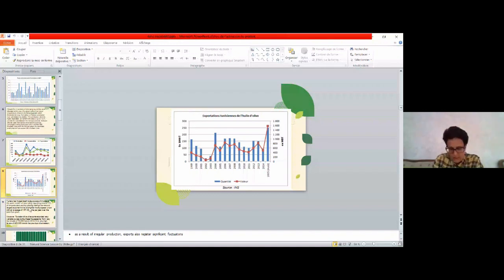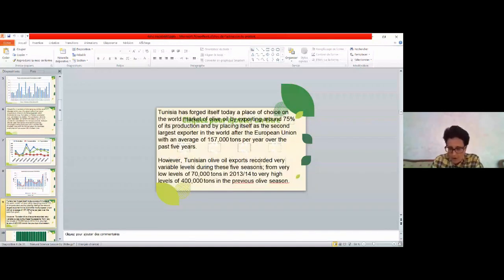Tunisia has forged itself today a place of choice in the world olive oil market by exporting around 75% of its production and placing itself as the second largest exporter in the world after the European Union, with an average of 157 tons per year over the past 5 years. However, Tunisian olive oil exports recorded very variable levels during these 5 seasons, from a very low level to a very high level.